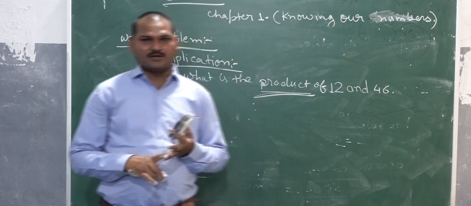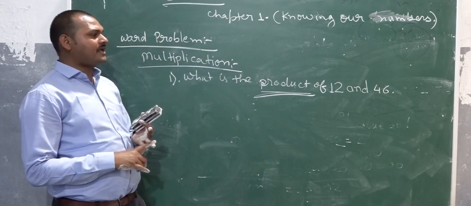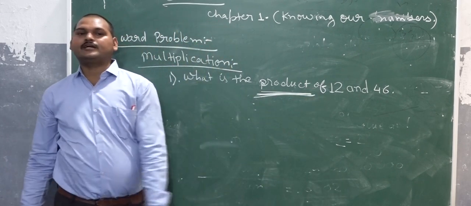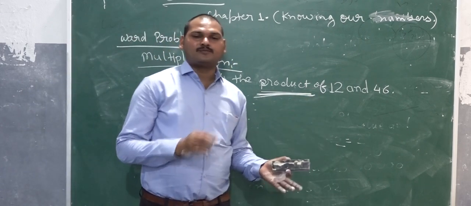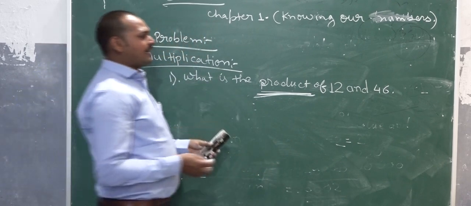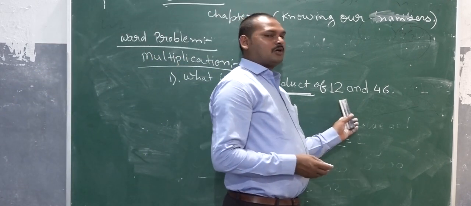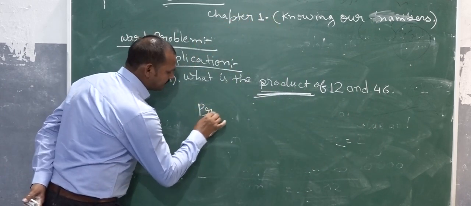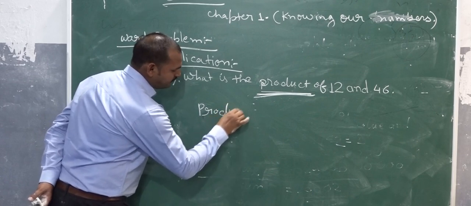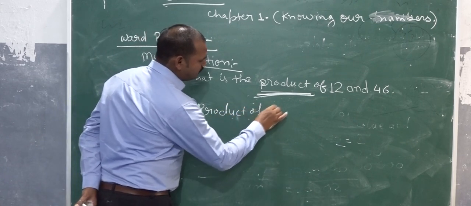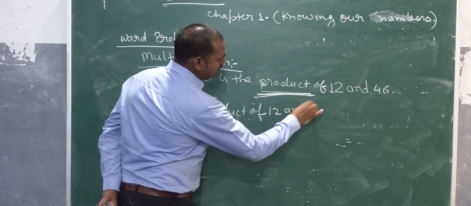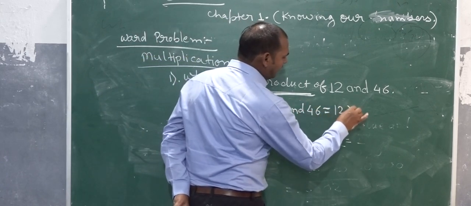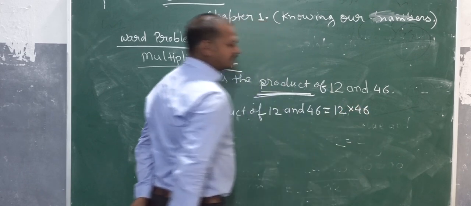Difference is big minus small. The third topic is multiplication. What is the product? Product means multiply. And what do we multiply? The product of 12 and 46 is equal to 12 into 46.